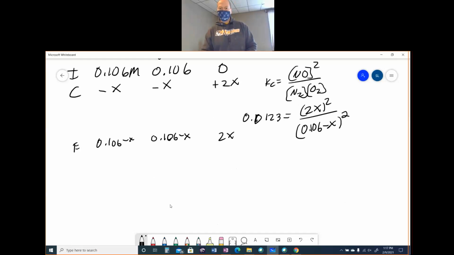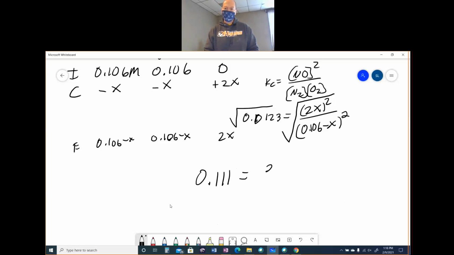Hopefully the way that you see is you have a perfect square. And so what you should do, the easiest way to solve it, you don't have to do it the easiest way, I recommend doing it the easiest way, is to take the square root. Whenever you have a perfect square, you take the square root. And so you would then end up with 0.111 when you take the square root of 0.0123.